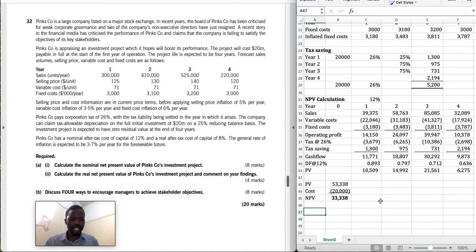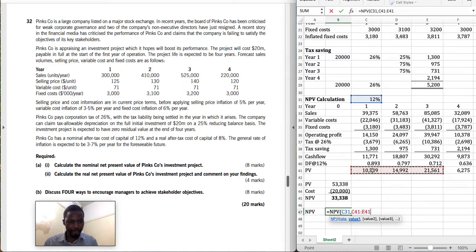Now there is a shortcut for calculating NPV. Excel also has the NPV function. But take note of using this function. We say NPV as per the Excel function, we say equals NPV. We tab. We have now to put the rate. The rate that we are discounting is 12%. Then we have to put the PVs. Then we have to close the bracket.